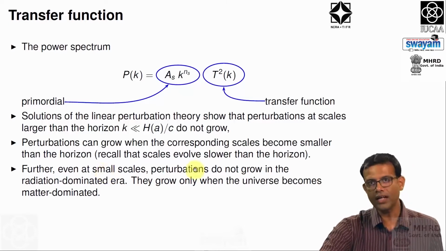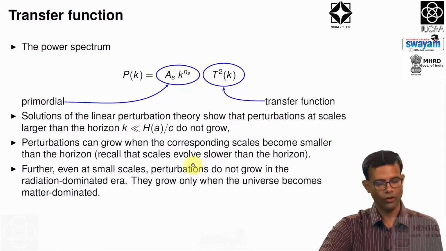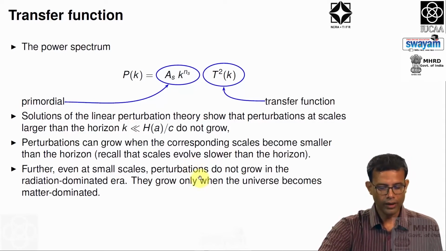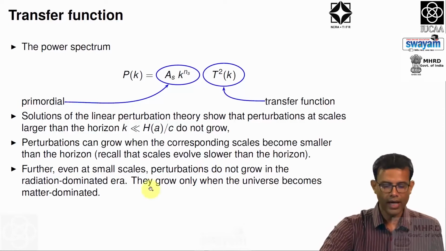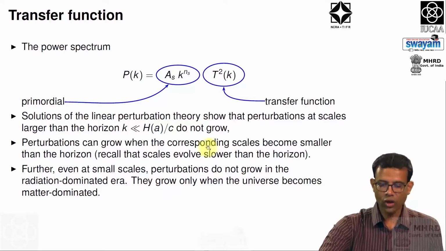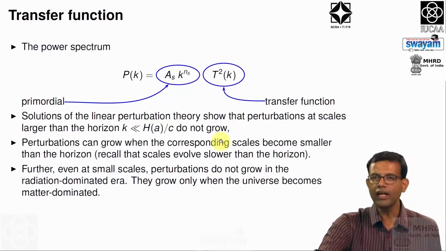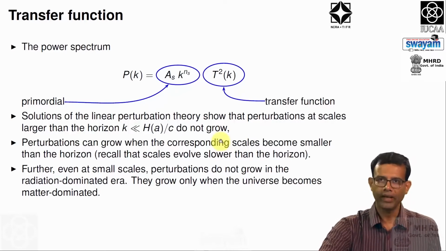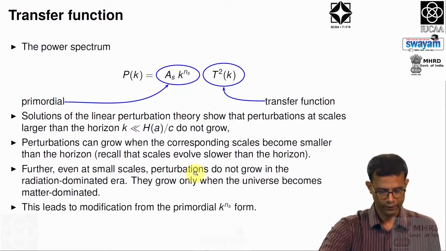In the matter dominated era, if you are larger than the horizon, then you are not going to grow. If you are smaller than the horizon in the matter dominated era, then only you can grow. So, these are all predictions of the linear theory, not very difficult to work out, but lengthy. You have to go through the perturbation theory in great detail.